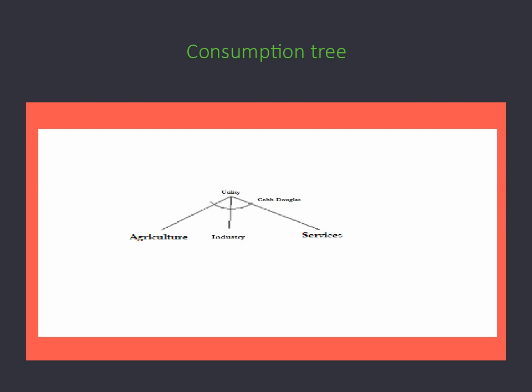The representation by the tree is also very simple because utility drawn from the consumptions of the 3 goods is depending on first the volume of consumptions of the agricultural good, the volume of consumptions of the industrial goods, and the volume of consumptions of services. And so this is a Cobb-Douglas which is really simple and easy to model.